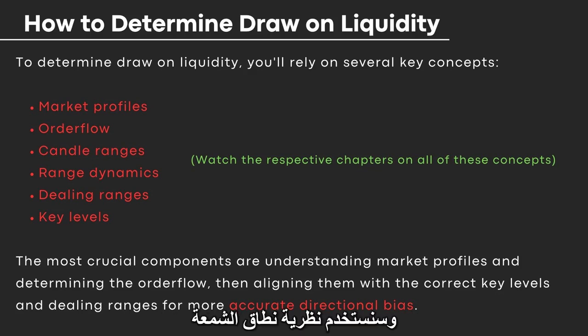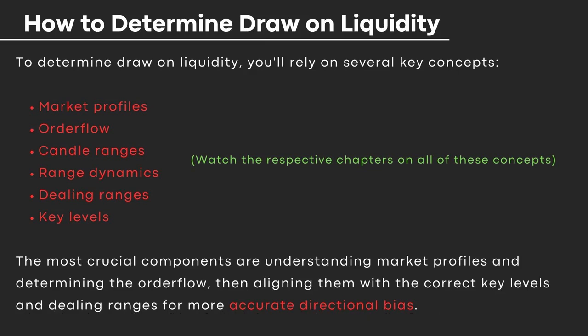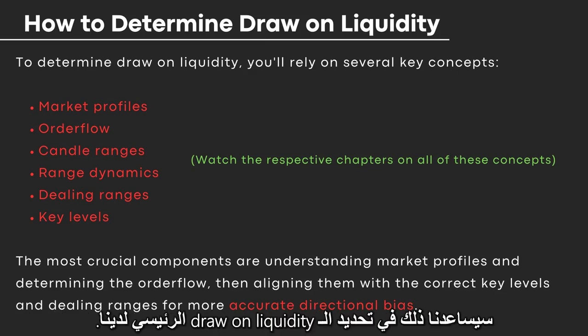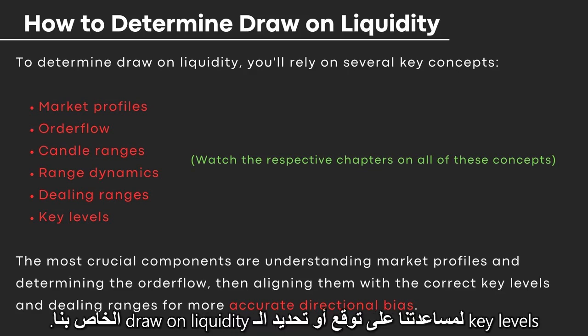And we'll use candle range theory, CRT, or simply candle ranges, and combine it with the first two concepts and then integrate them with each other, and then it'll assist us in determining our major drawn liquidity. And then, last but not least, we'll use range dynamics, dealing ranges, and key levels, or specifically higher time frame key levels, to help us anticipate or determine our drawn liquidity.